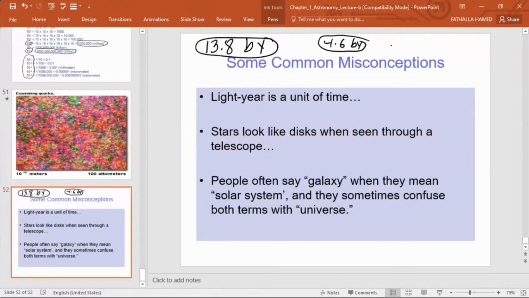Your age as humans is only 200,000 years. The Earth is about 4.6 billion years, and you're only 200,000 years. That's the age of humans. And of course, you know that there were dinosaurs before us and so on.